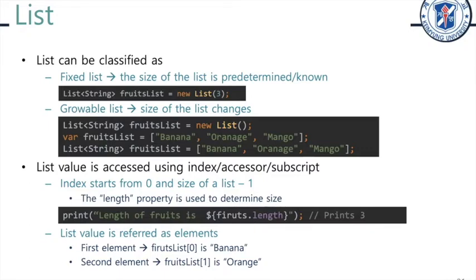So whenever you want to know, you can display it. Maybe you are asking, why do I have to declare a fixed or a growable list? Since growable is dynamic, I can just declare using dynamic. But it all boils down to memory usage, because the more you declare a growable list, the more memory will be used.